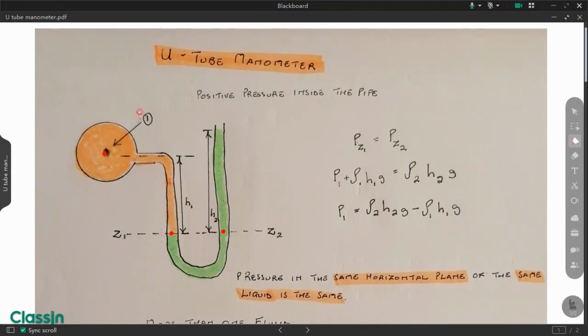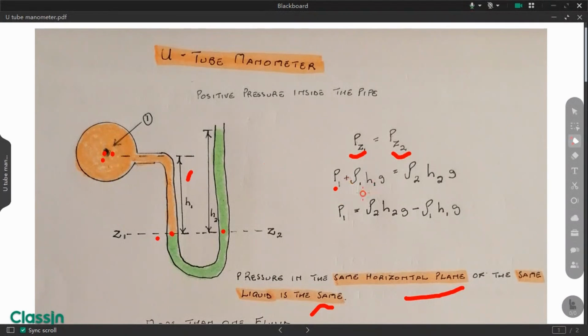So if we are asked to find how much pressure it is in the pipeline here at point 1, we know pressure in the same horizontal plane of the same fluid is the same. So the pressure at PZ1 would be equal to the pressure at PZ2, right? Now the pressure at PZ1 is equal to P1, which is the pressure in the pipe, plus the pressure due to this pressure head, H1.